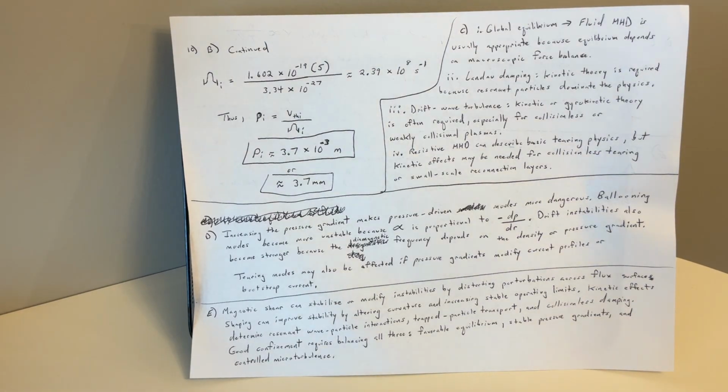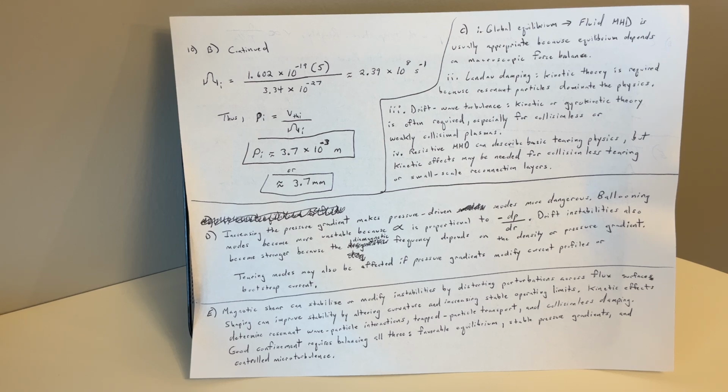Letter E is canonical as well. Explain qualitatively how magnetic shear, shaping, and kinetic effects interact in determining confinement quality. Magnetic shear can stabilize or modify instabilities by distorting perturbations across flux surfaces.